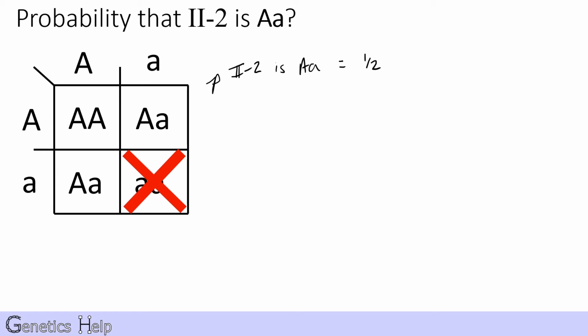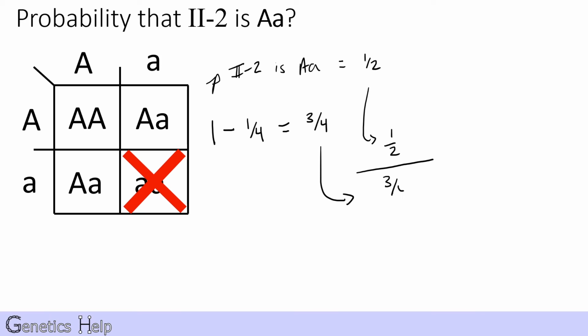What we've done now is we've changed the total, which was 1, and we removed a quarter of the options, which was the homozygous recessive. So our new total is 3/4. So if we looked at the original probability, which was 1/2, we're now dividing by the new total, which is 3/4, to figure out the probability.